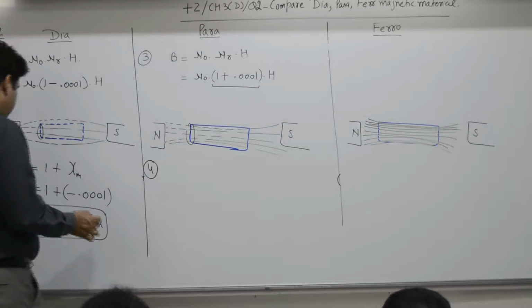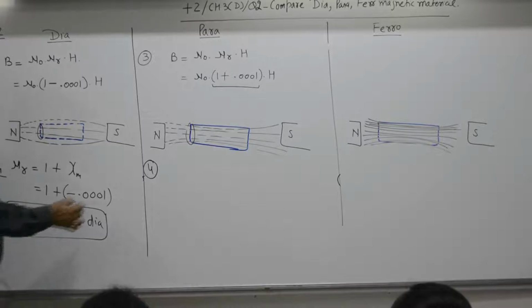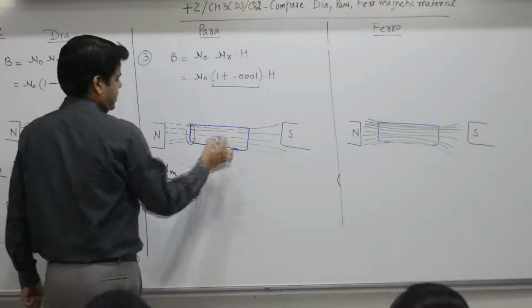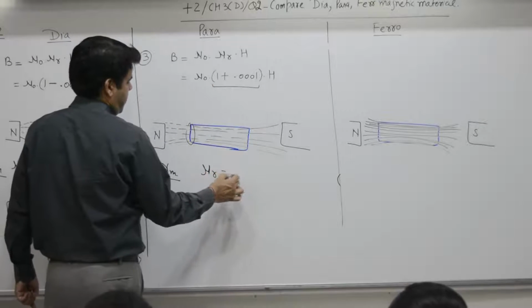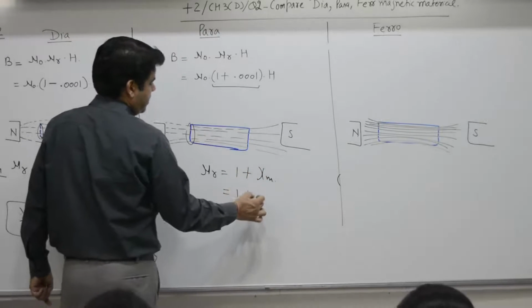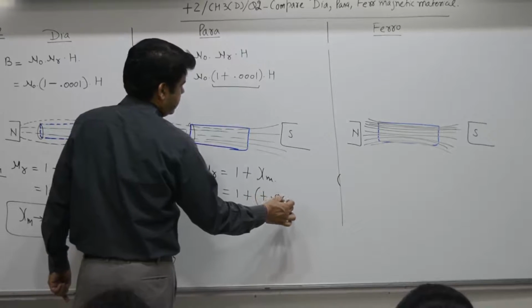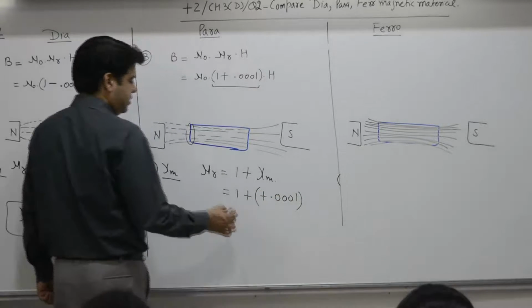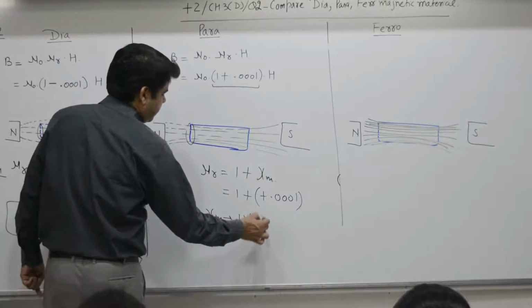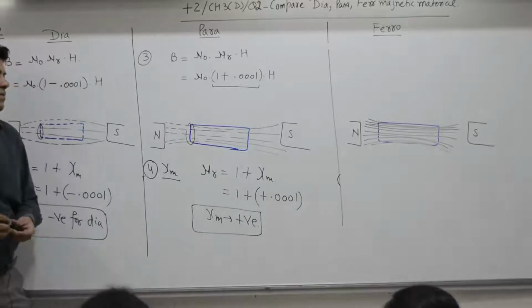Susceptibility value is what? Mu r is equal to 1 plus susceptibility, which is 1 plus 0.0001. That means susceptibility is positive. The value is very small, but it is positive.